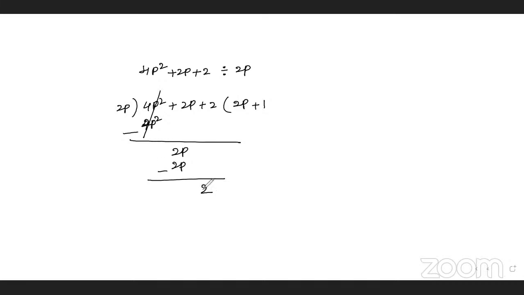But we are finding the remainder. So 2 we are dividing with 2p. Then it will be 1 by p. So plus 1 by p we are getting. So that we are getting plus 2, then my remainder will be 0. So far, we are focused on only the remainder part. It is not a 0.